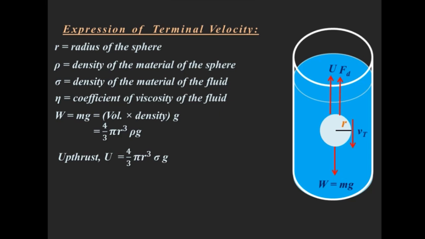For a spherical body, the drag force is given by 6 pi eta r vt. Now at terminal velocity, the weight of the spherical body will be equal to U plus Fd. That is, the weight of the spherical body will be balanced by the two opposite forces, upthrust and drag force Fd.